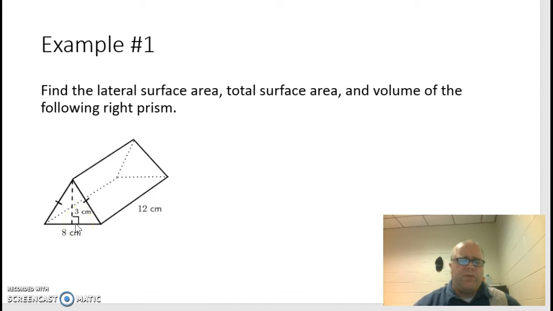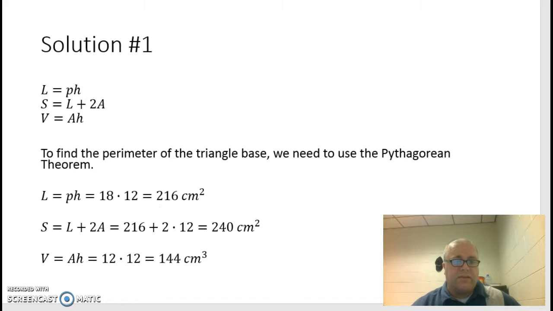It's 3 squared plus 4 squared is equal to c squared. So c squared is equal to 25, and the square root of 25 is 5 centimeters. So that would mean that the perimeter around it is going to be 5 plus 5 plus 8. That's 18 centimeters.